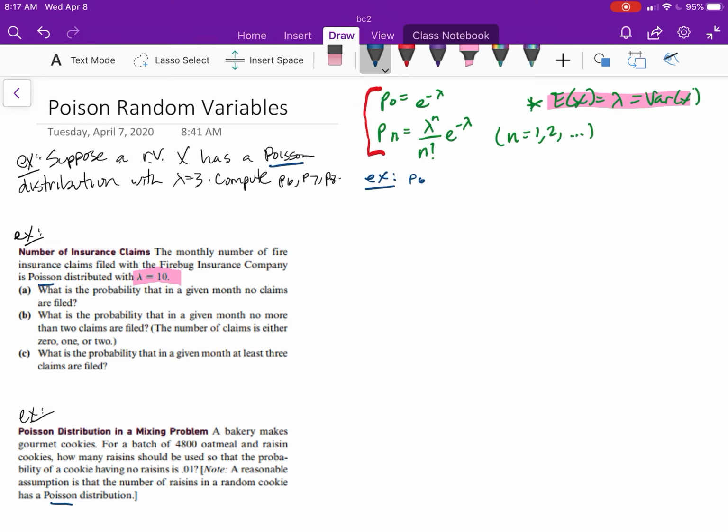So P sub 6, using the formula, tells us do lambda to the 6, and lambda is 3 in this case, so 3 to the 6 over 6 factorial, multiplied by e to the negative lambda, which is 3. Lambda is 3, n was 6 for this example.